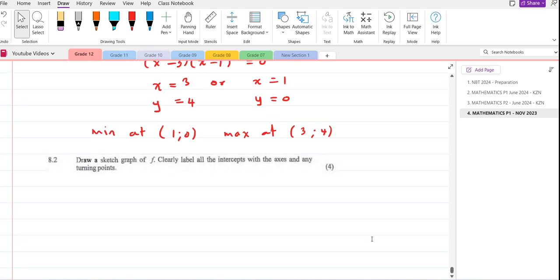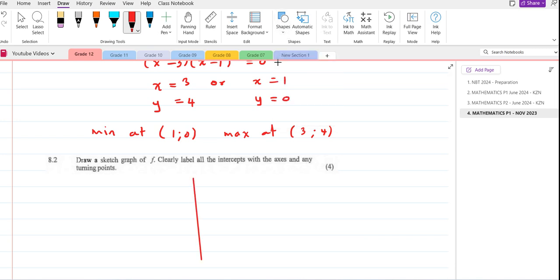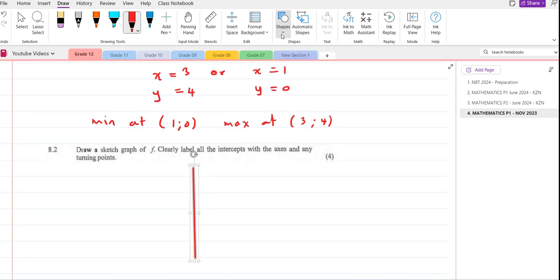So I'm going to draw this graph here. We know at (1, 0) there was a minimum, right? So it goes like this. We know the shape of the graph.